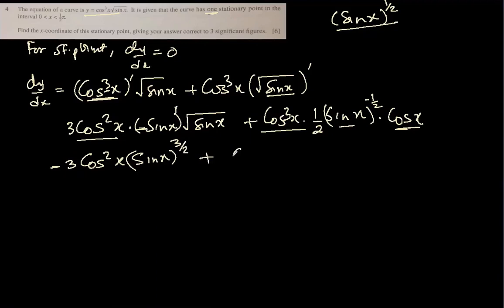These two give us cos to the power 4x, and half is in front, and sin x to the power minus half. So I was saying that we can factor this.